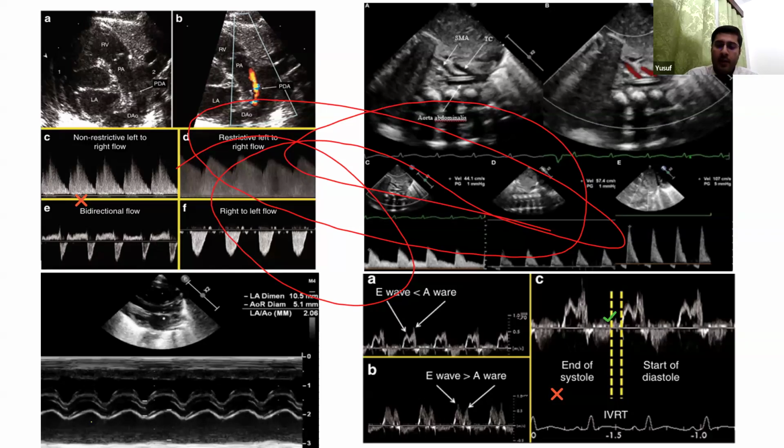And what is the next image showing? It is basically IVRT. What is IVRT? Expand, na? Expand. What is IVRT? Isovolumetric relaxation time. Yes.